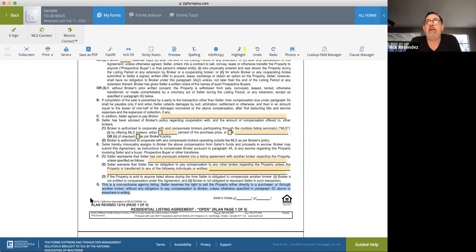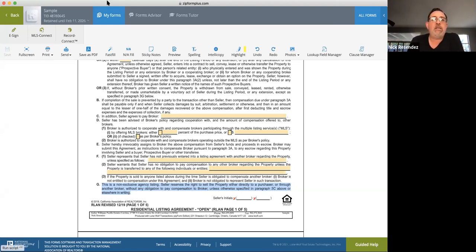The protection is limited to basically other brokers, or the seller can sell directly to a buyer themselves. Okay. So that is the open listing. It means anyone can still bring a buyer. Any buyer can buy this property directly and you would not get paid. Okay. But if you bring a buyer, then you would get paid. So that is something to be aware of.